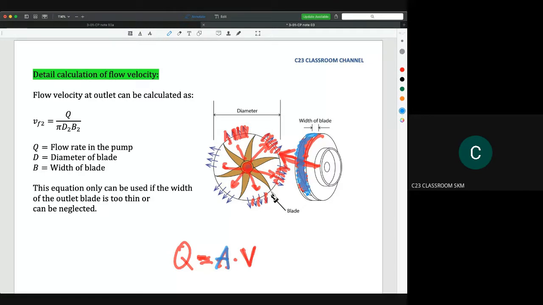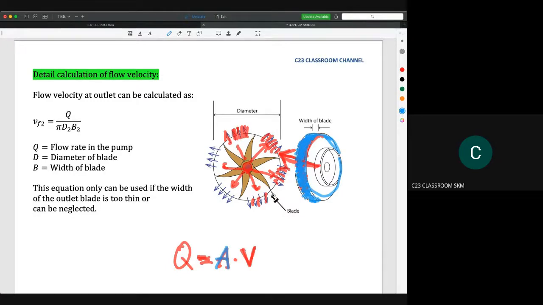For this impeller, we found that the cross-sectional area is actually the gap between these two shrouds. This plate is called the shroud. So the gap between them is the cross-sectional area.